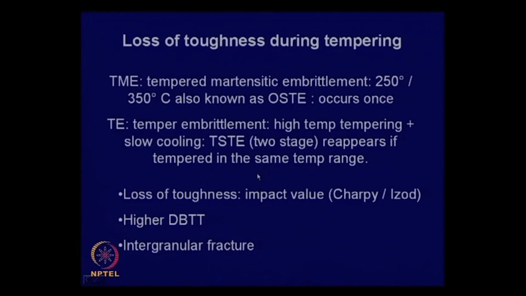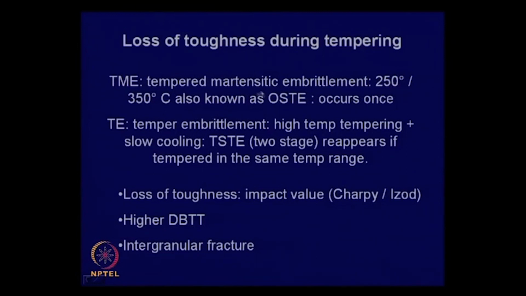Now, during tempering we often come across loss of toughness, which is called embrittlement. This is also connected very well with alloy addition, and there are two kinds of temper embrittlement. One is called tempered martensite embrittlement, and this takes place in the temperature range of either 250 or 350, and these processes are also diffusion control.